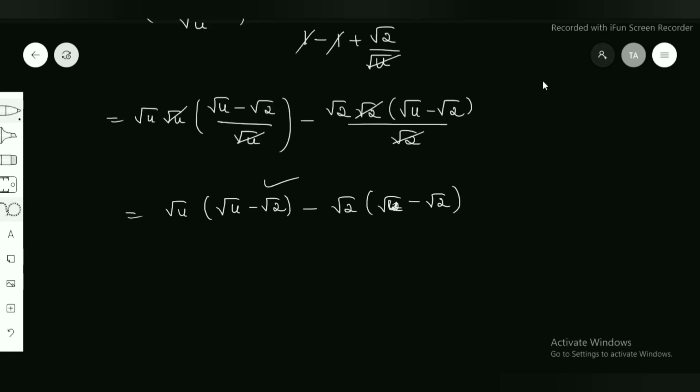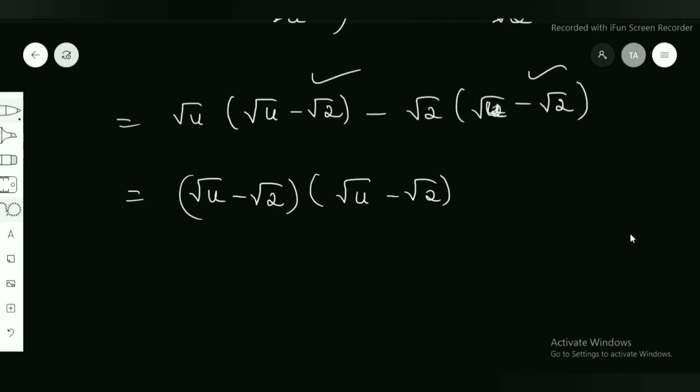So these two are common, take those outside, square root of u minus square root of 2. Once you take that outside, you will be remaining with square root of u minus square root of 2. So the next step is v is equal to square root of u minus square root of 2 whole square.